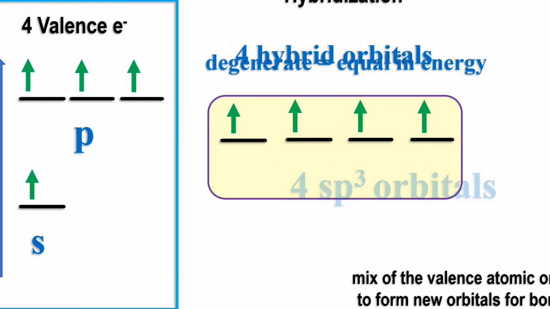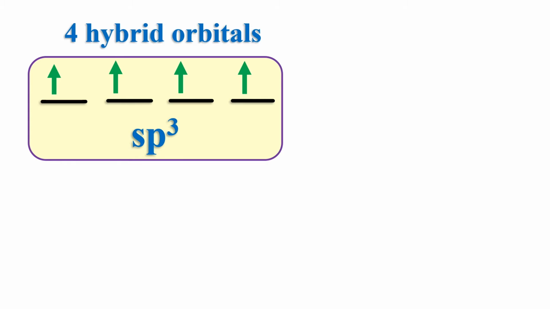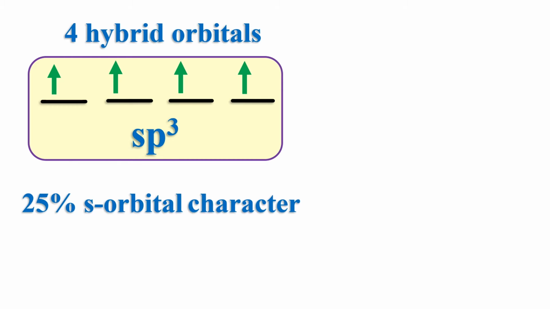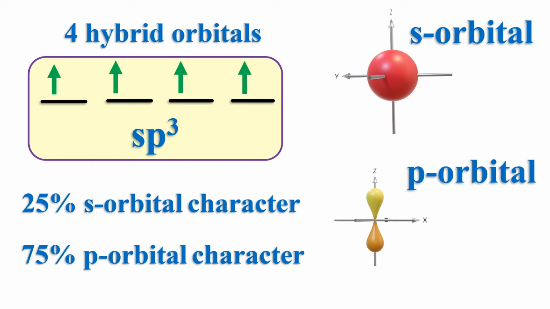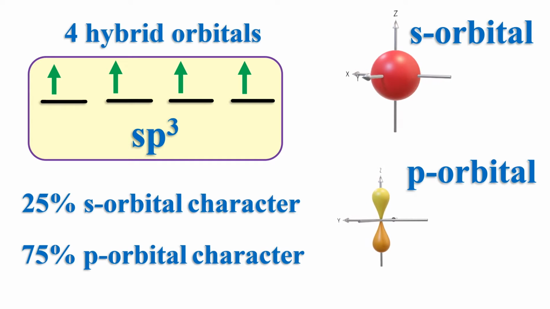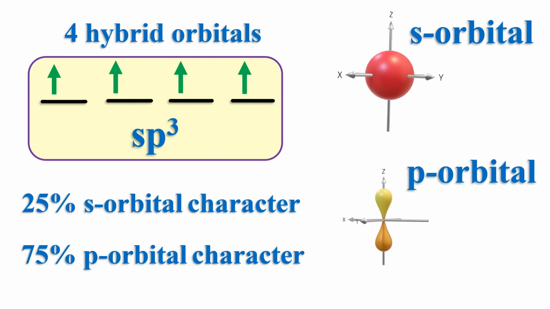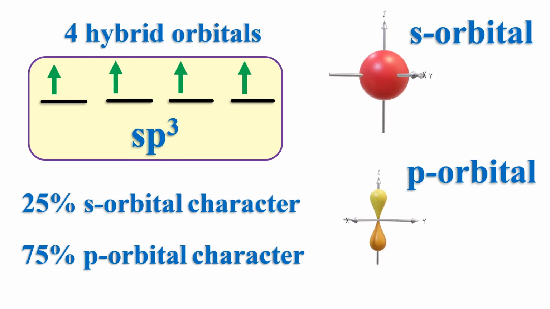We can say that sp3 orbitals have 25% s orbital character. Recall, s orbitals are spherical shaped. And they have 75% p orbital character. Recall, p orbitals are dumbbell shaped. And there are 3 p orbitals along the x, y, and z axes.